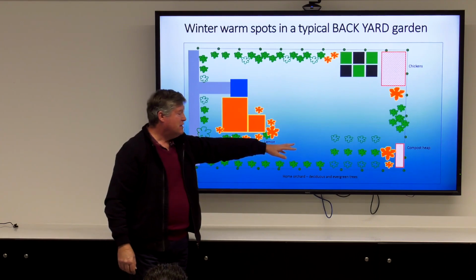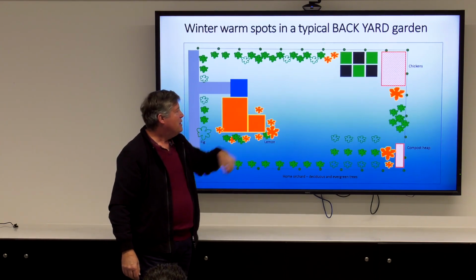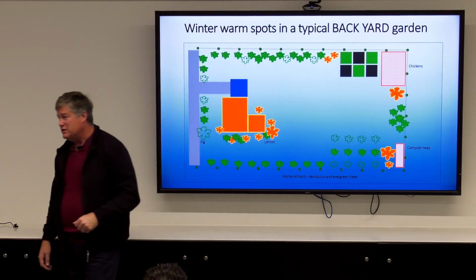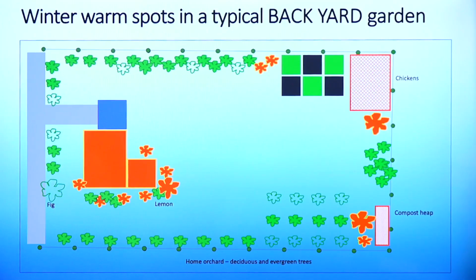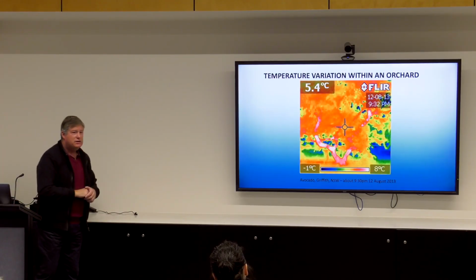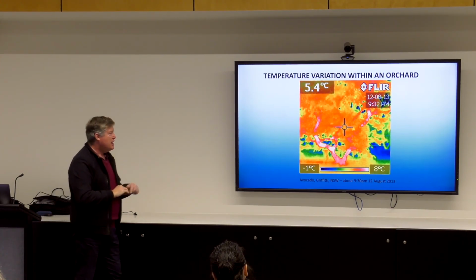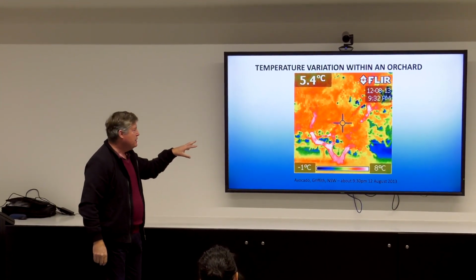Even near the compost heap, there's a bit of extra heat there, and near where you might have some chickens or something. So those are the sort of spots, if I were you, I'd put some winter baiting, maybe once or twice through the winter, and possibly either a male targeting or a female targeting trap, put them out in about August or thereabouts.